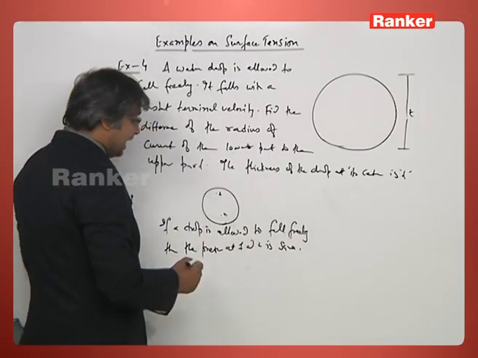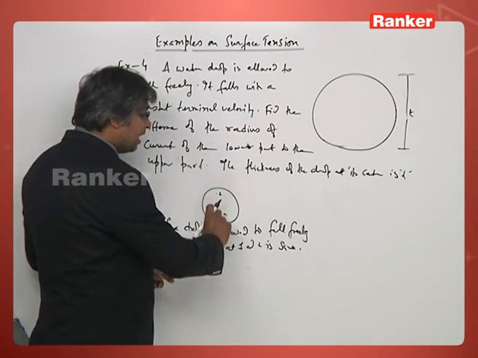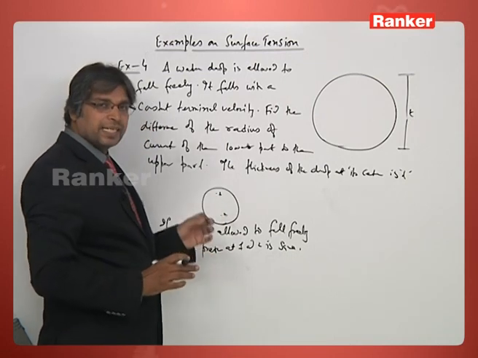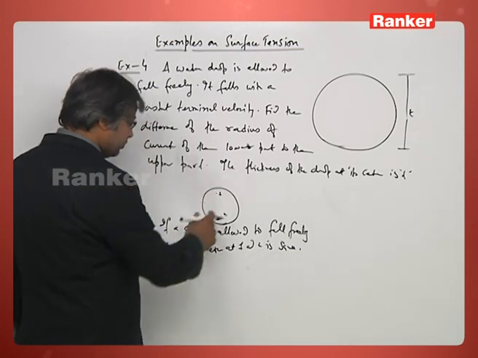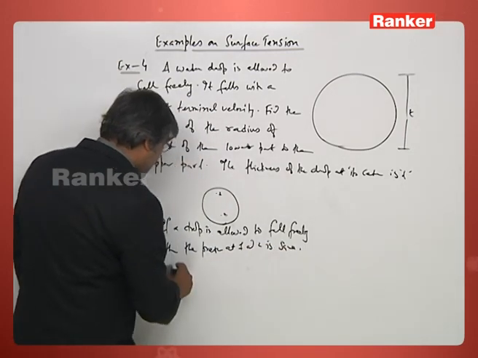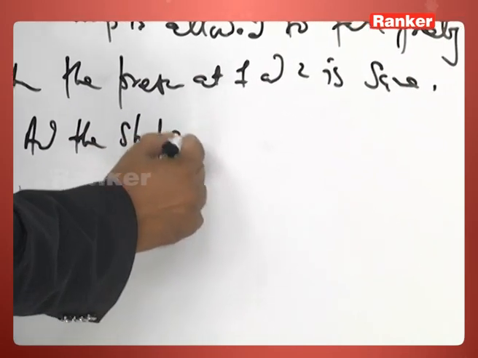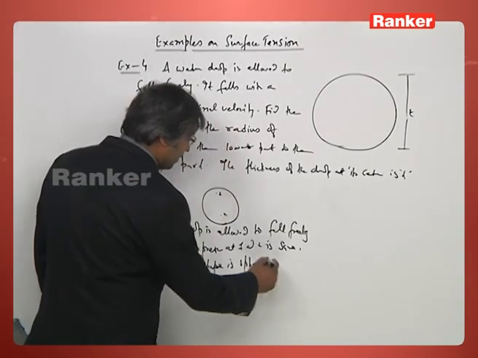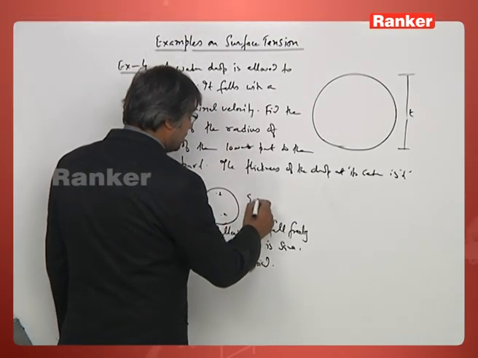There is no h rho g between these two. The difference of pressure with height between 1 and 2 will not be there, because everything is in a state of free fall. There is no pressure variation along 1 and 2. The shape is spherical. So it is under free fall.